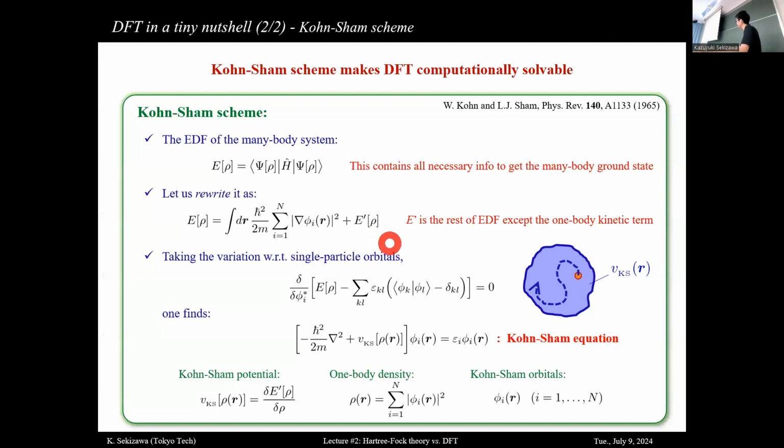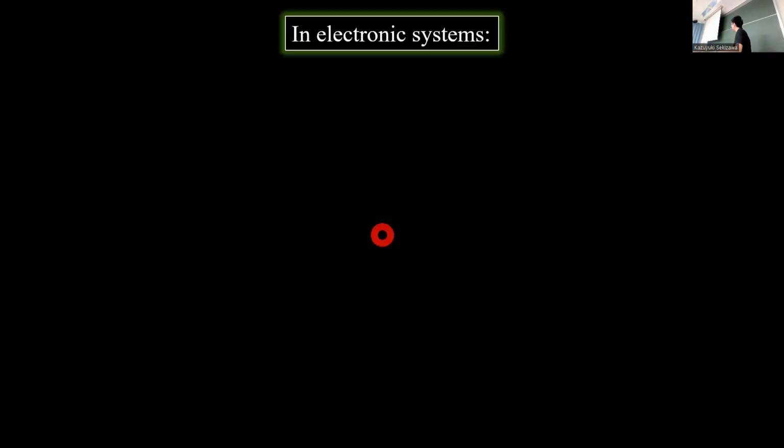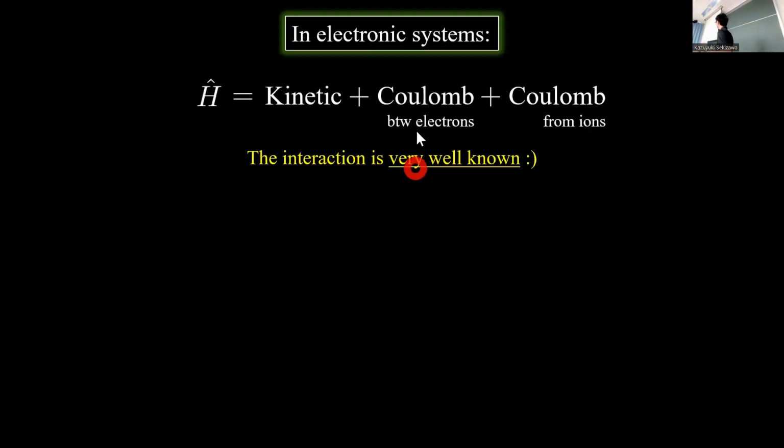So you can derive, for instance, the direct term for the Coulomb interaction, and you can also derive the exchange term, or Fock term, for the Coulomb interaction. You can use such terms from Hartree-Fock theory. So you already know some important terms in this EDF from the Coulomb interaction. It makes the problem simpler in the case of the electronic system because of the clear definition of the interaction.